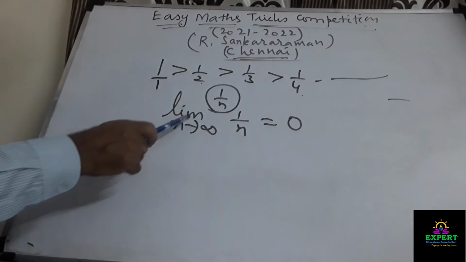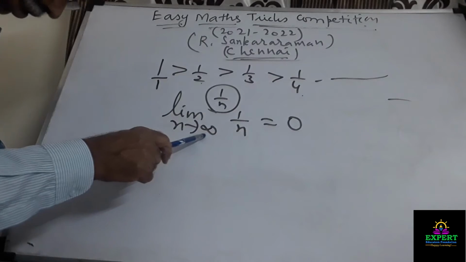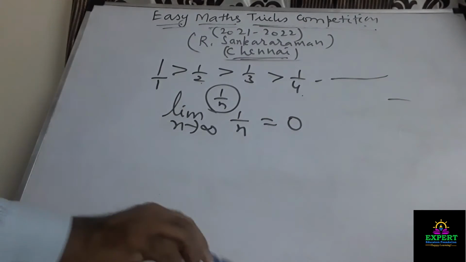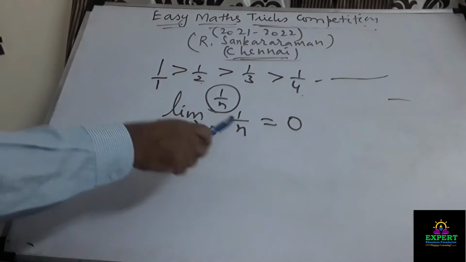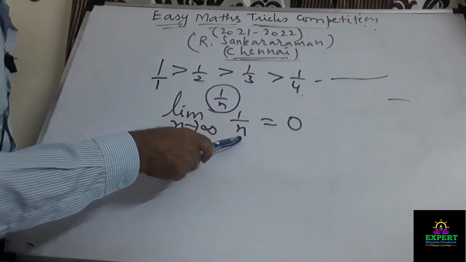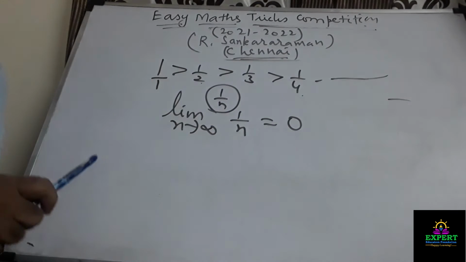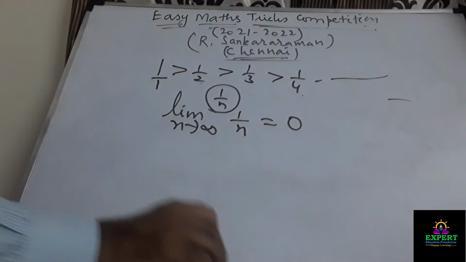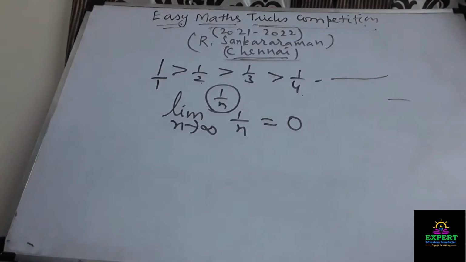As n gets nearer to infinity, the value of 1 by n is equal to 0. That is to be verified in this video by a simple paper folding technique.